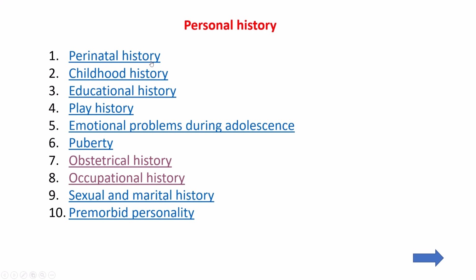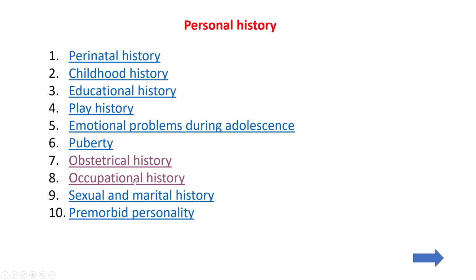That we have to write in perinatal history. But in obstetrical history, we write the patient's obstetric condition, when the patient's mother may be pregnant. That is the difference we have to understand between perinatal history and obstetrical history.